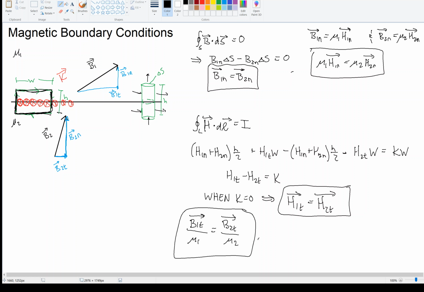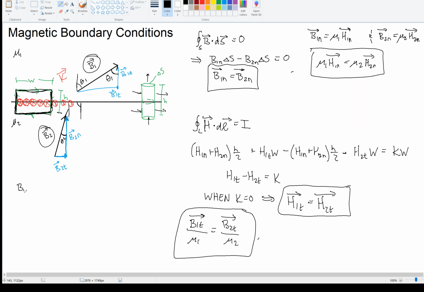Now, let's bring some angles into the picture. Let's call this theta 1, and by vertical angles from geometry, that's also this angle. And let's call this thing here theta 2, and again by vertical angles, that's also this angle here. So theta 1 and theta 2 are the angles that B1 and B2 respectively make with the normal of the interface. So now we can find the components.